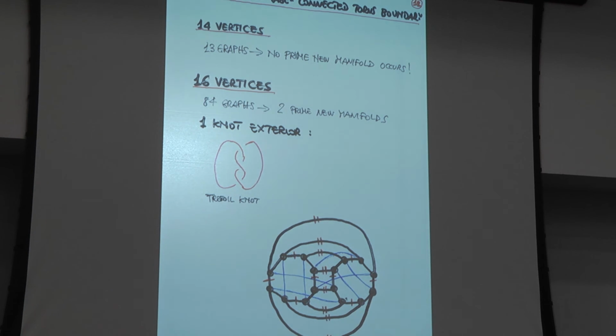So, for example, in the case of the Hopf link, in our construction, 6 vertices are enough. In the construction of some French authors recently published, there are 12 vertices, so it's not minimal. Thank you for your attention.